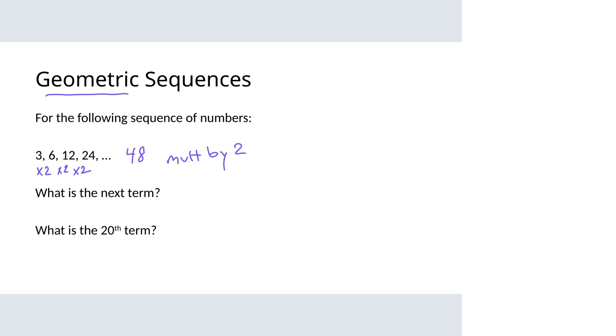When we did an arithmetic sequence, we had a common difference. Now what we have is a common ratio, the ratio between the numbers. If we put 6 over 3, we would get 2. If we put 12 over 6, we would get 2. If we put 24 over 12, we would get 2. So it's a common ratio, and we're going to call that r.